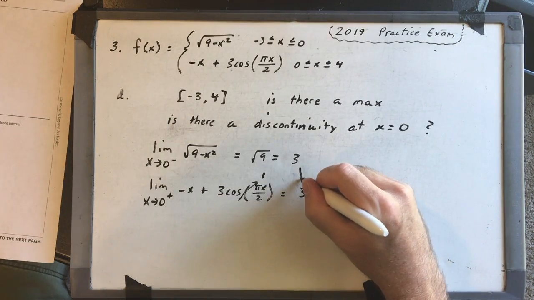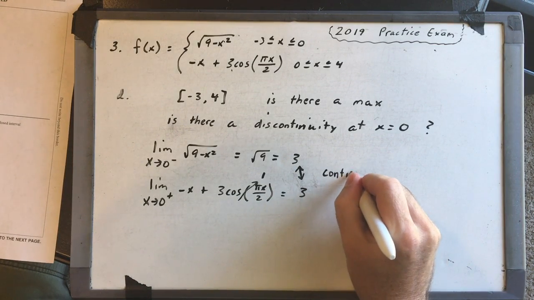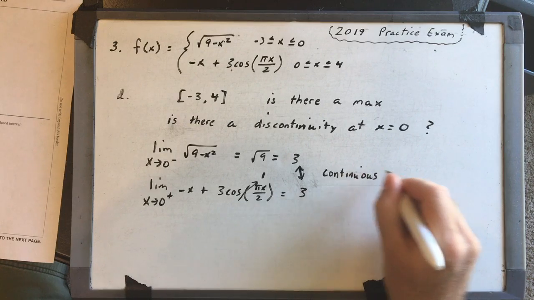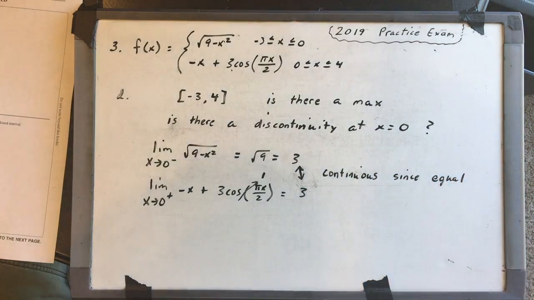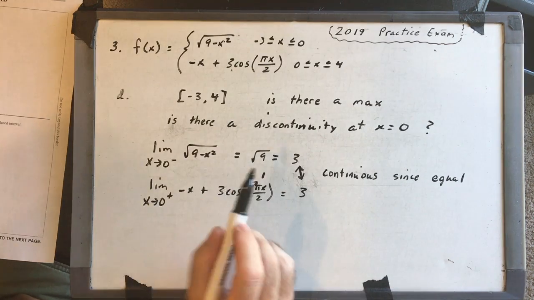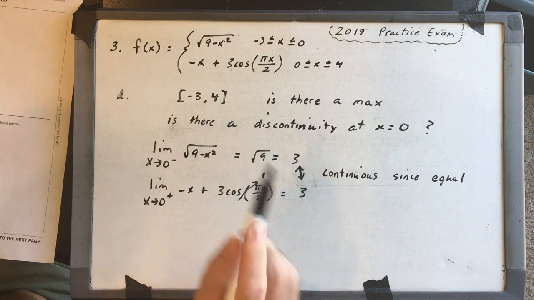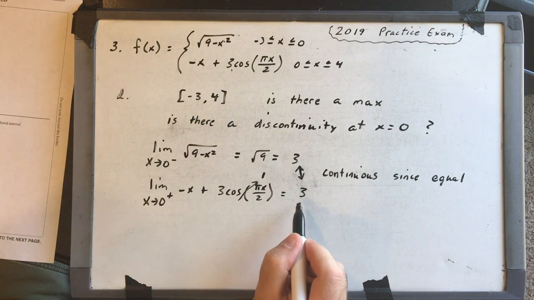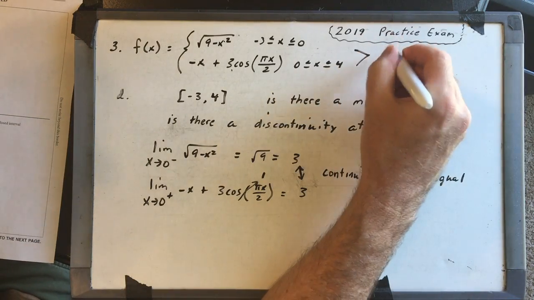So these two are equal, so it's continuous. You could have a max at either endpoint, maybe or maybe not, but since there's no break, this function is continuous.